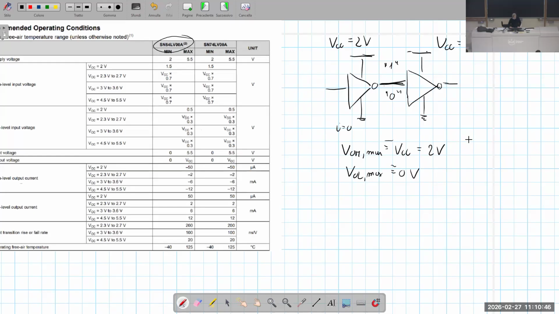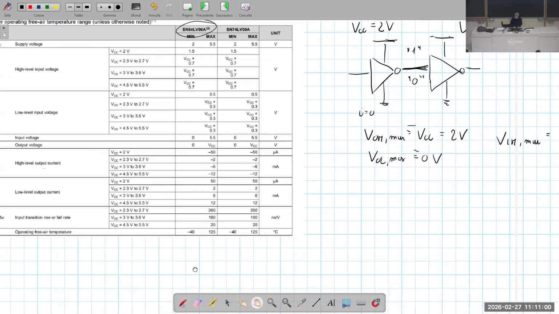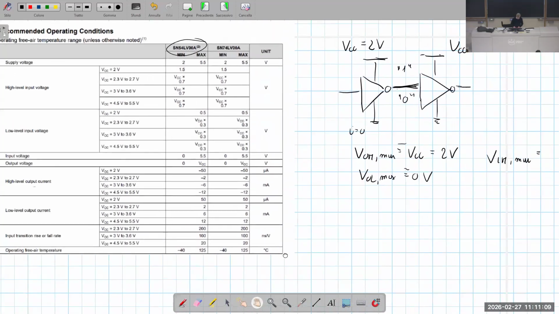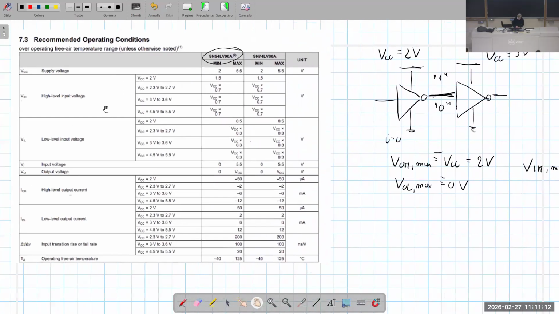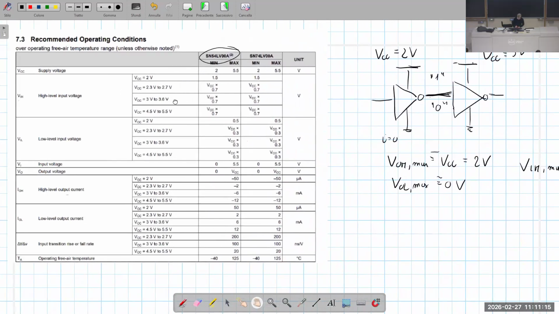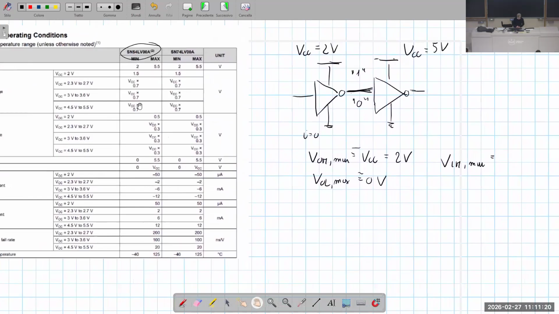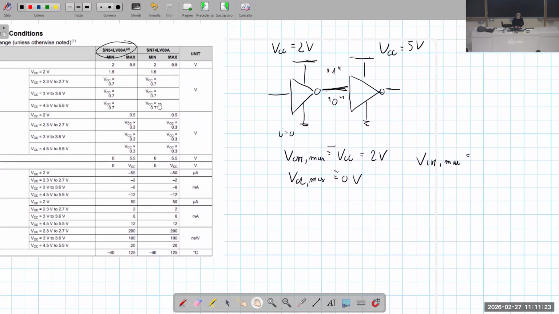Now let's consider the characteristics of the digital input. VIH minimum, the minimum voltage which is recognized as 1, looking at the data sheet, at 5-volt supply, we have to look at this row, is 0.7 VCC, that is 3.5 volt.